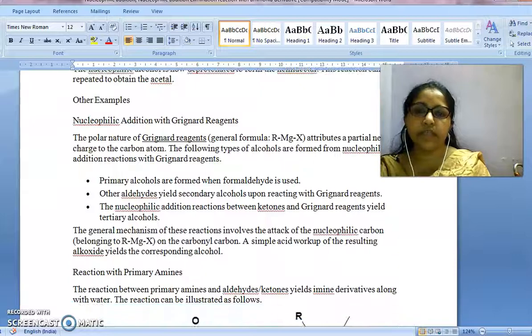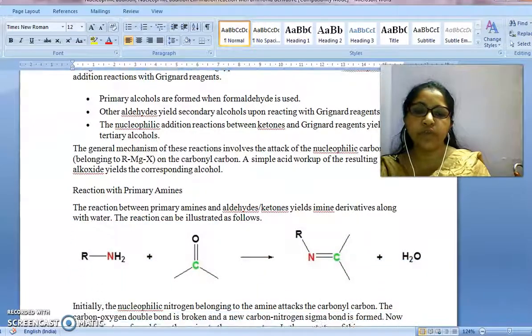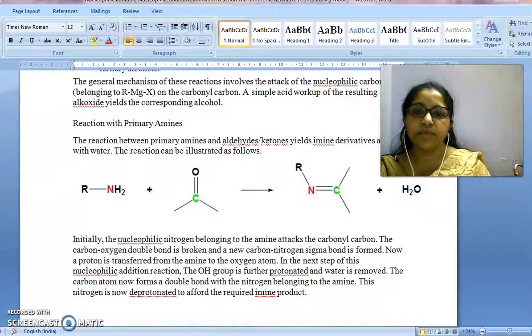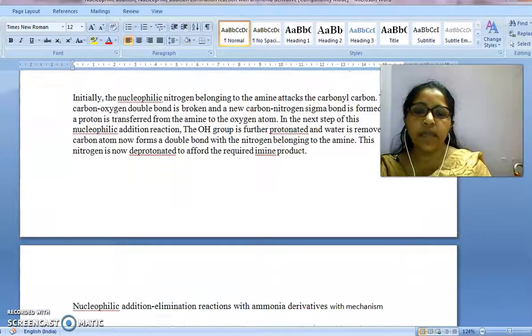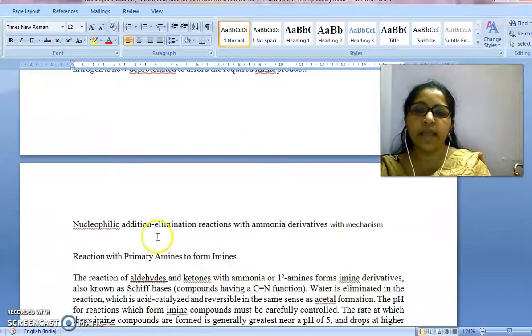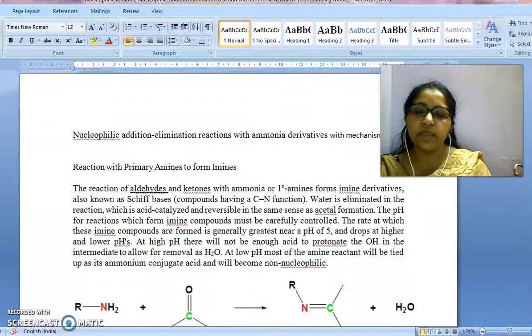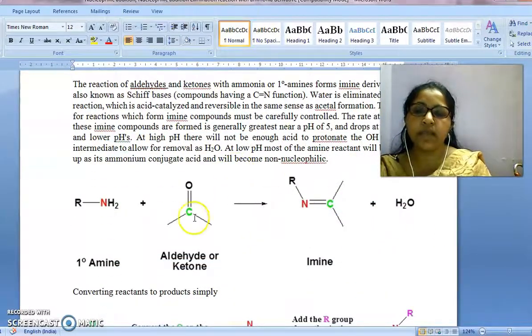Similarly, the reaction can be with the Grignard reagent, which you have already done in the last few classes in your classroom. Here it is a primary amine, how it is reacting. Now we are slowly proceeding towards nucleophilic addition as well as elimination reaction. So here you can see the nucleophile is coming and attacking this one.